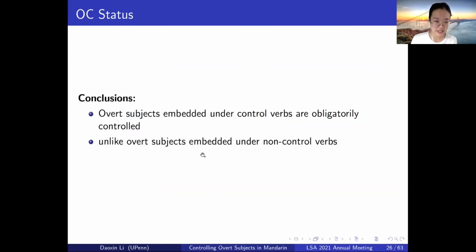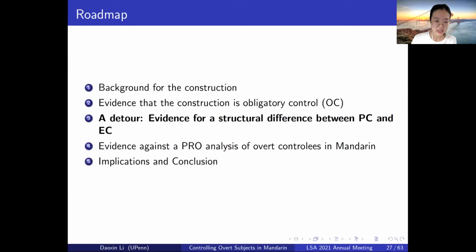So overall, here we argue that overt subjects embedded under control verbs are obligatorily controlled and are different from overt subjects embedded under non-control verbs. So in other words, the construction we're dealing with is indeed control, although there is an overt embedded subject. So now we will argue that there is a structural difference between partial and exhaustive control.